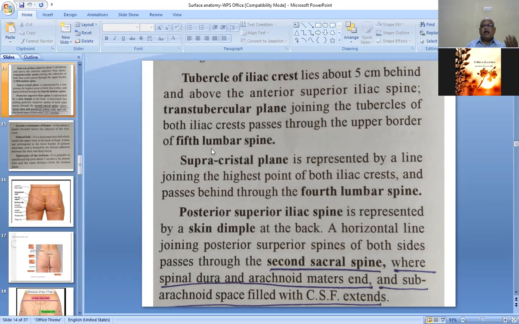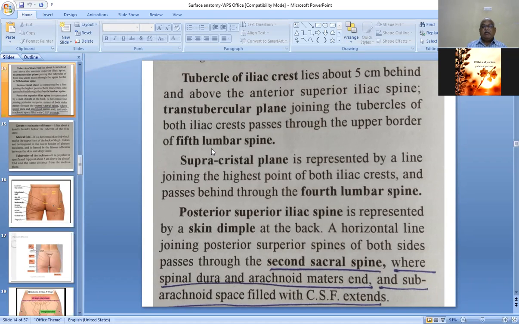The tubercle of the iliac crest lies about 5 centimeters behind and above the anterior superior iliac spine. The transtubercular plane joins the tubercles in both iliac crests and passes through the upper border of the fifth lumbar vertebra.